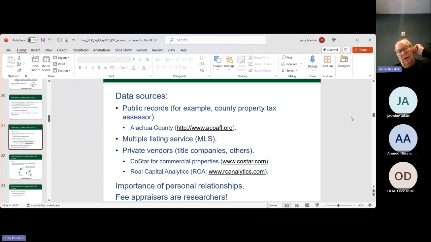For example, in my area, the board that supervises my area is called the Southwest Florida Board of Realtors. Every property that is sold through a realtor is uploaded to this database.